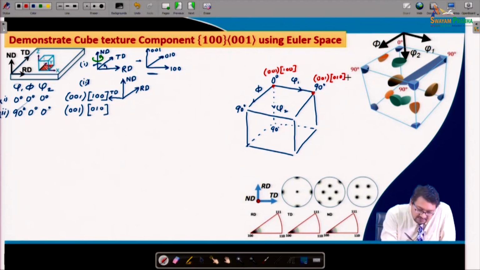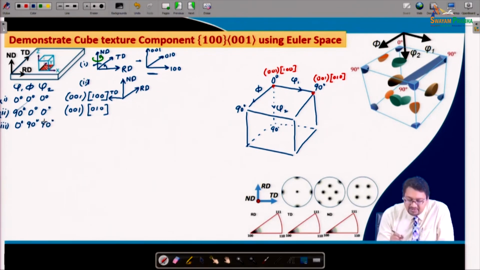And if we continue doing this for the third example, 0 degree, 90 degree, 90 degree can be done. If we take the third condition, we have to rotate by phi equal to 90 degrees. That means the rotation has to be done along RD, right.